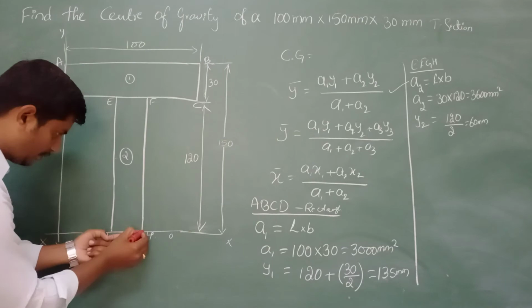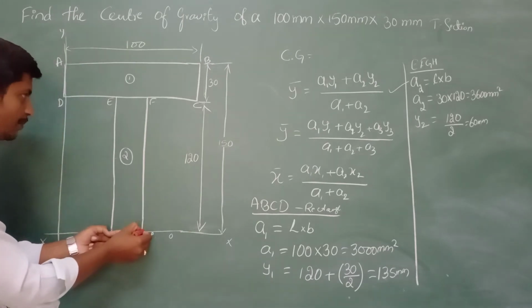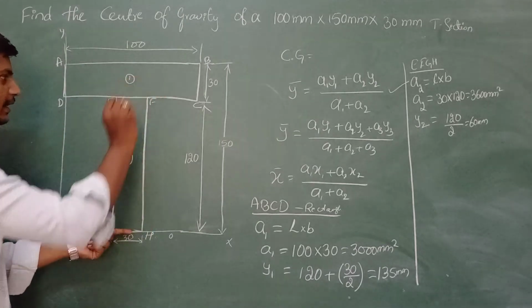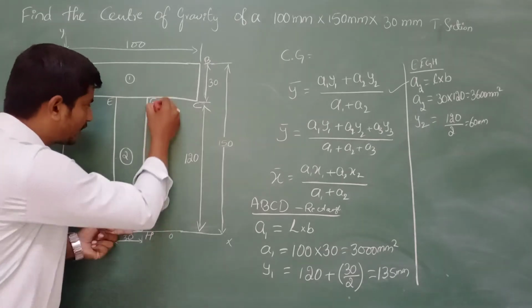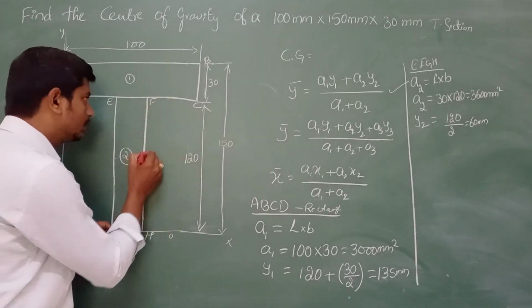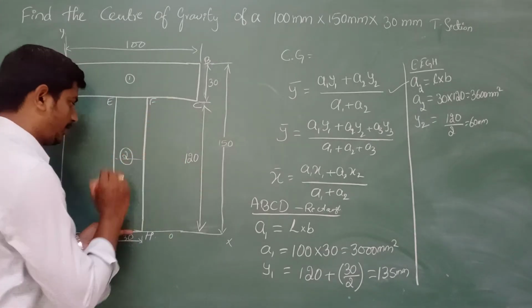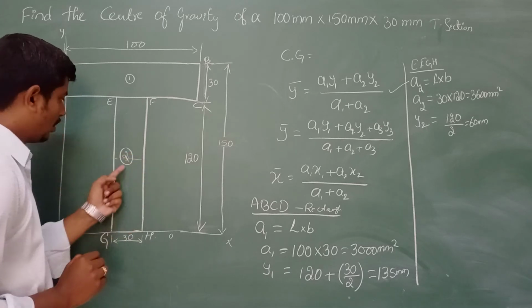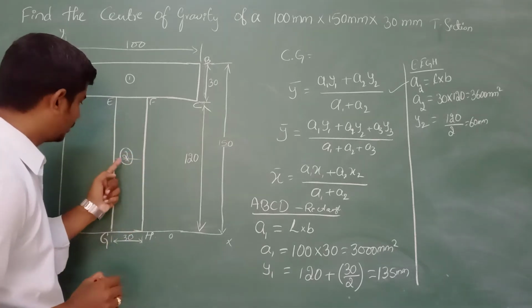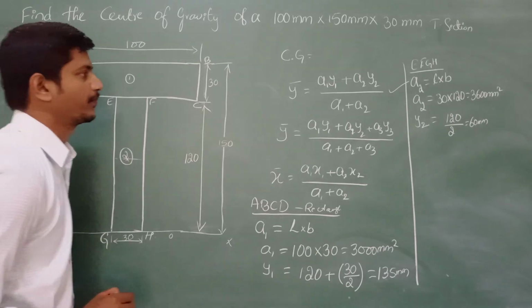The rectangular height is 120, half of it is 60, so the center is placed at the point 60.